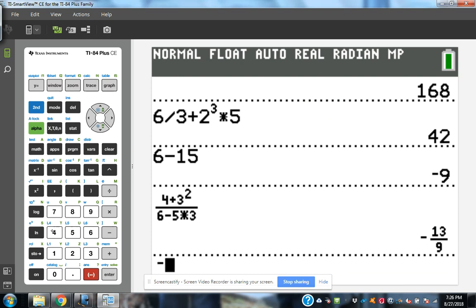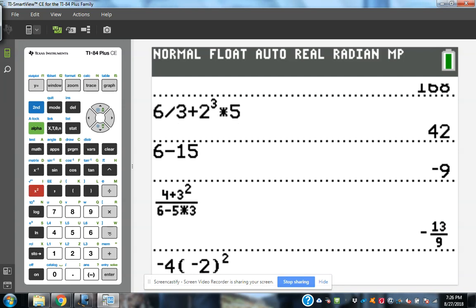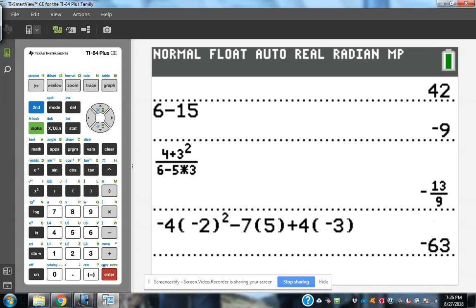With the calculator, you can just type it in just like that plug-in step. Minus 7, 5 in parentheses, plus 4 parentheses, -3. -63. Really nice with the graphing calculator.